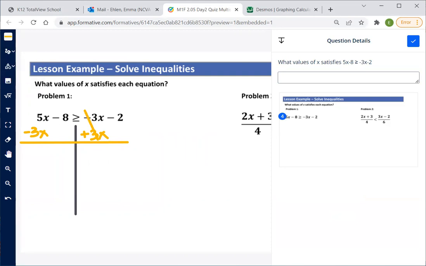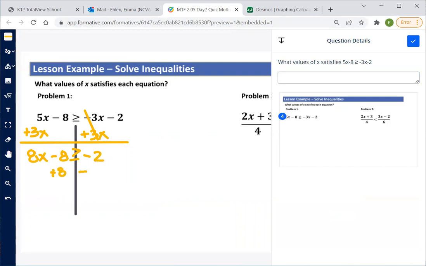That gives us 5x plus 3x is 8x, minus 8 is greater than or equal to -2.